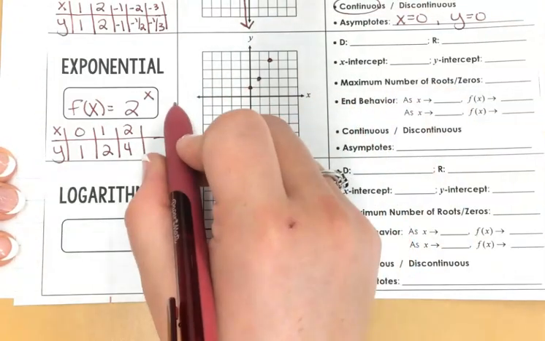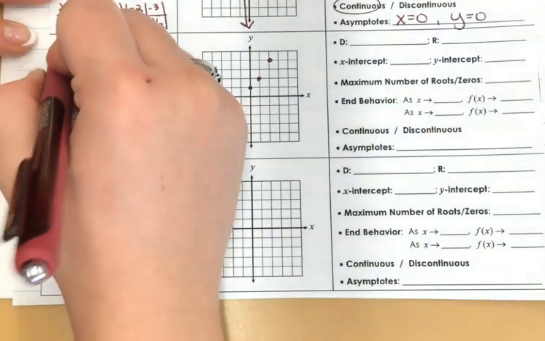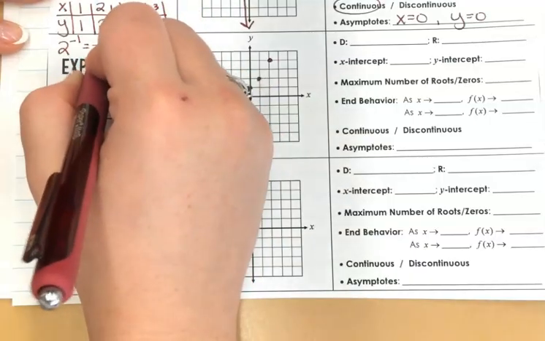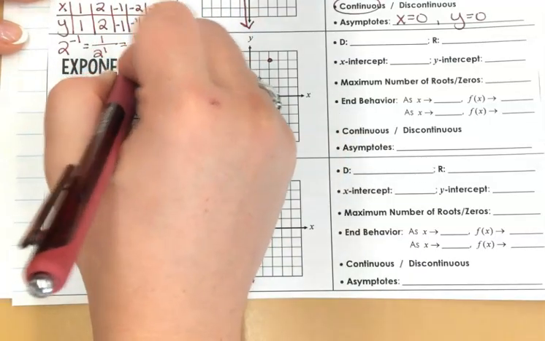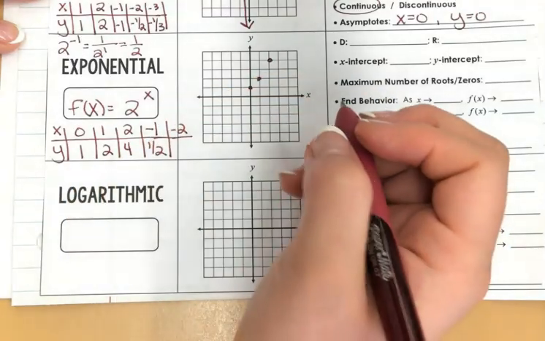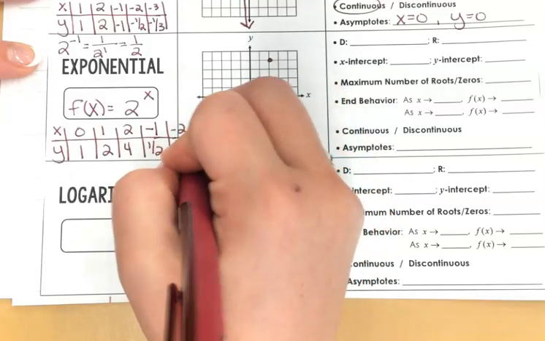But what happens when I have negative values? If you recall, a negative exponent, like if I have 2 to the -1, that's like moving it to the denominator, 1 over 2 to the 1, or 1/2. Similarly with -2, that would be like 1 over 2 squared, which is 1/4.